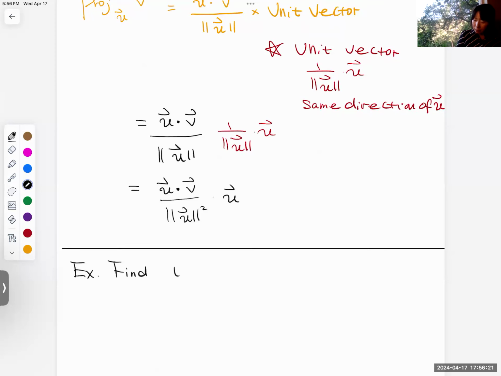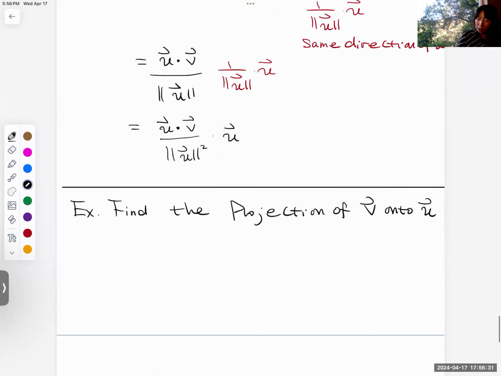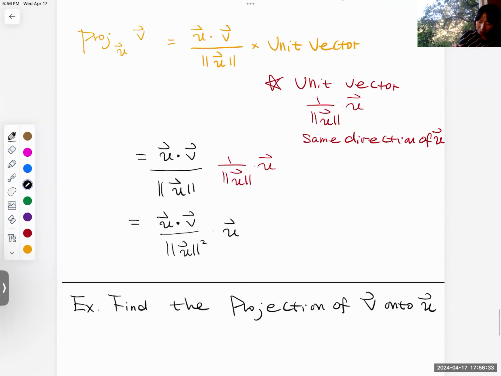Find the projection of V onto U. Very straightforward. So we are using this formula.